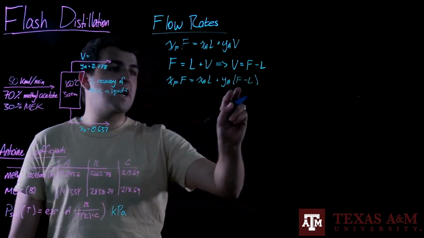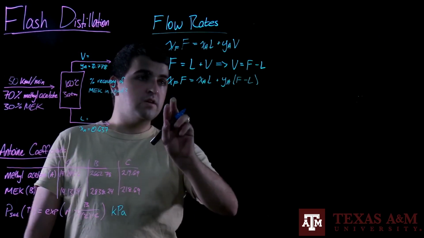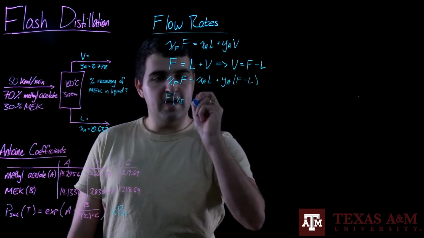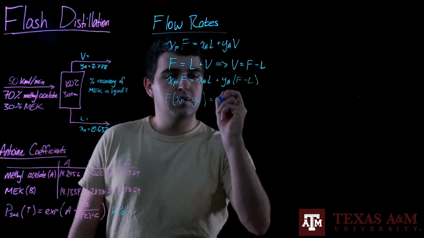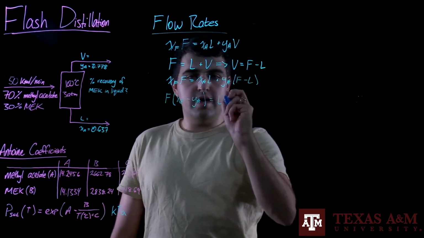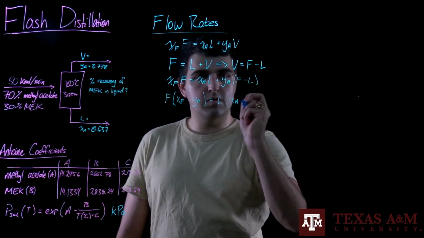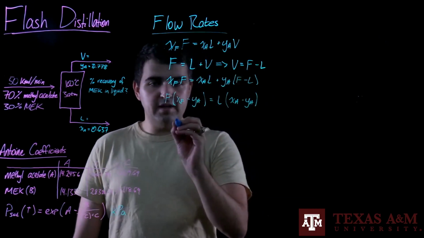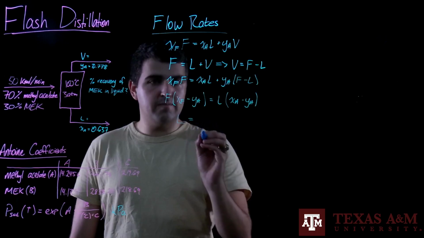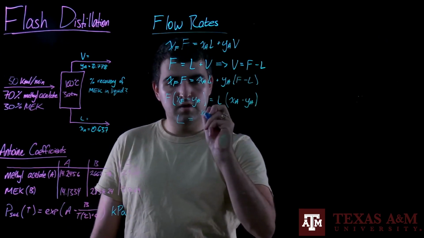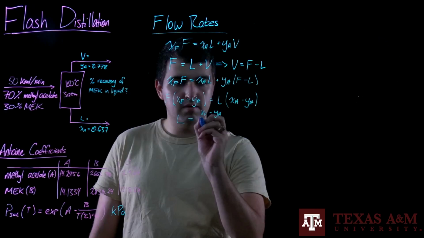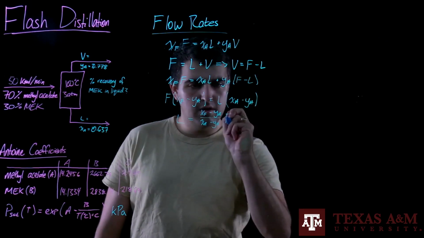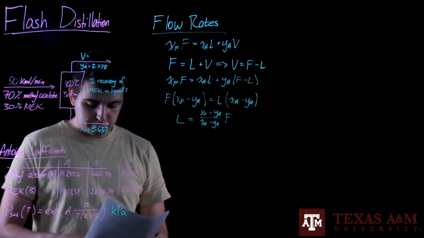So we're going to subtract this YAF to the other side and get that we have F XF minus YA equals L times XA minus YA. So finally, we solve for the L that we want. We get L is equal to XF minus YA over XA minus YA times our inlet flow rate.